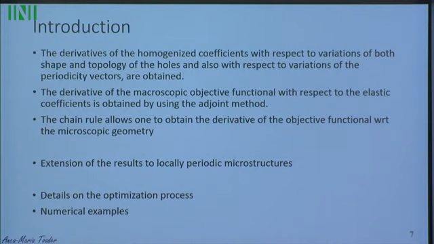So what we'll do is present a gradient-based algorithm to optimize an objective functional with respect to the microscopic geometry. And for this goal, we shall need derivatives, so we shall need shape, topology, and periodicity derivatives.